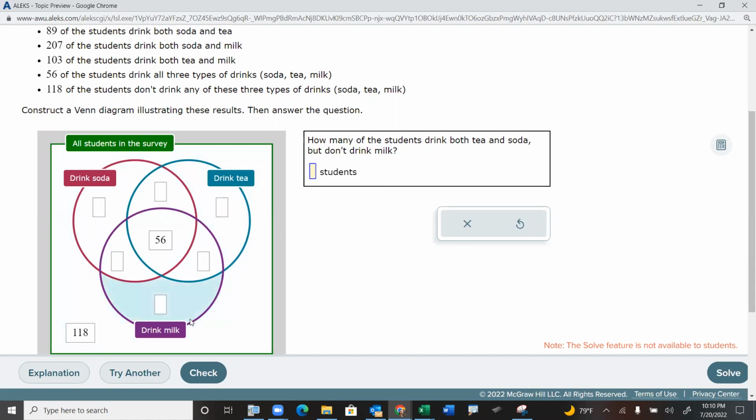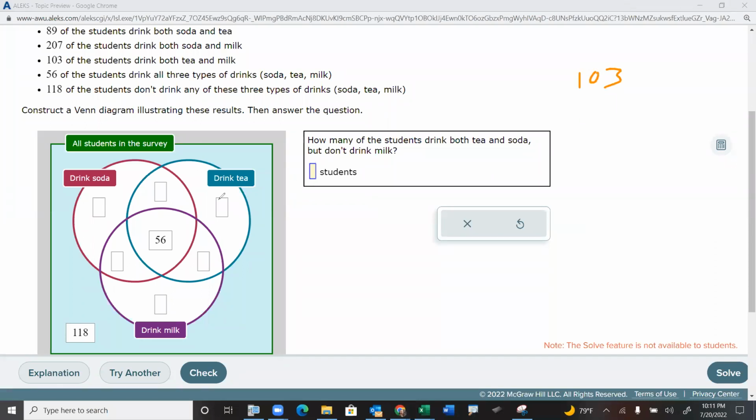But, okay, so 103 drink tea and milk. Okay, so here's the tea circle, of course. Here's the milk circle. And there are 103 people in the tea and milk area right here. So we need 103 of them.